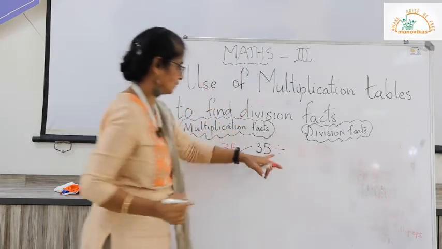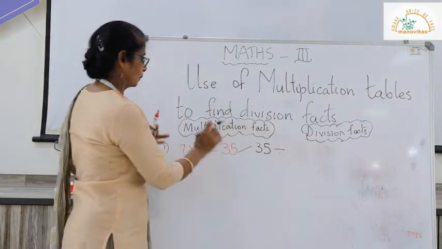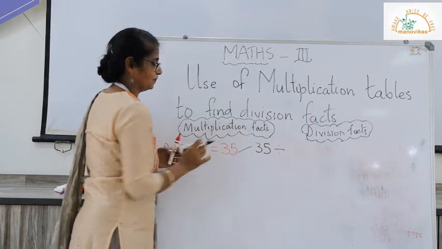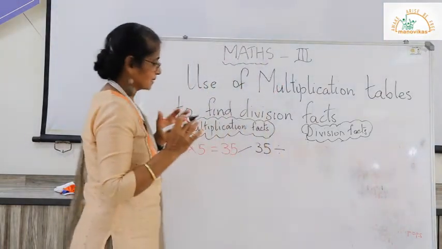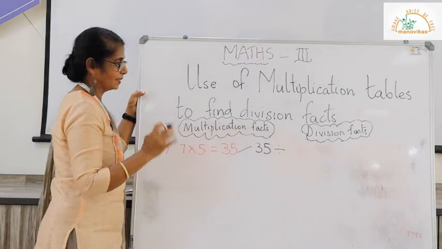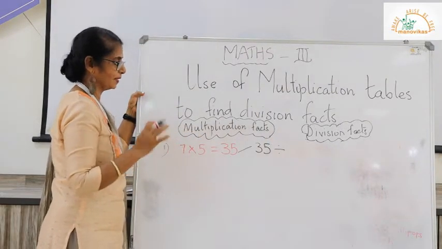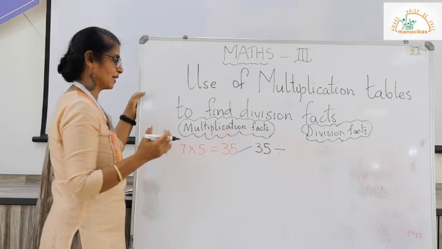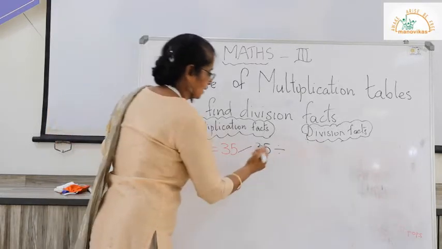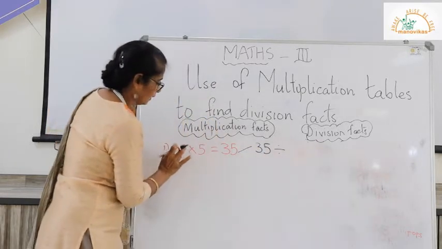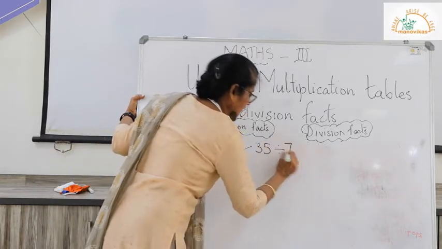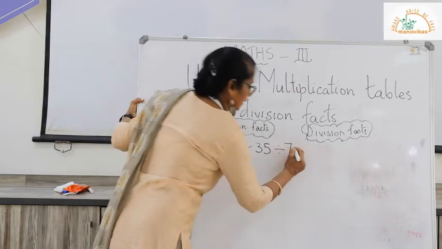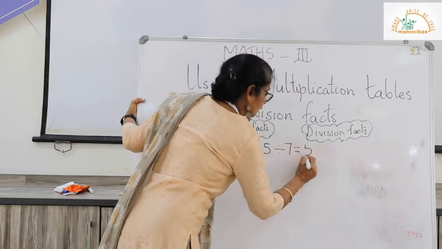This is our division sign. Now we know that 35 comes in the 7 times table, 7 fives are 35, and in the 5 times table, 5 sevens are 35. So if I write 7 as the divisor, then I get the quotient as 5.